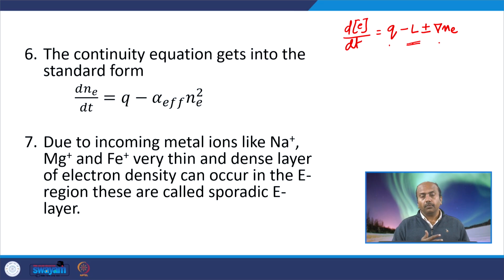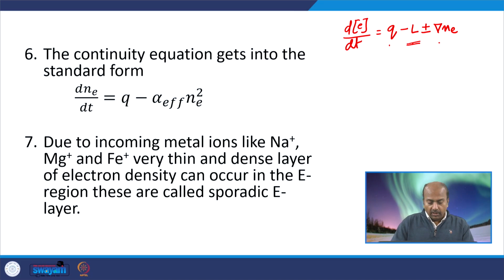Okay. And in addition to this, more interestingly, one more aspect about the E region in particular is that the incoming meteors get ablated in the mesosphere, at around 90 kilometers. They produce meteoric ions. The most dominant species in this region is sodium.